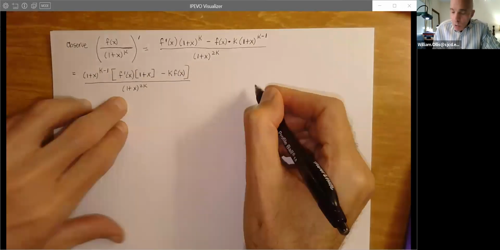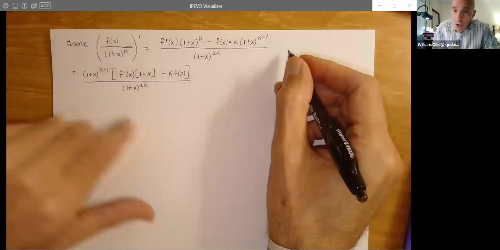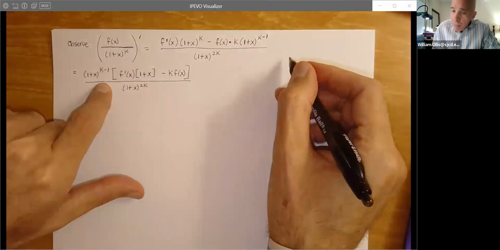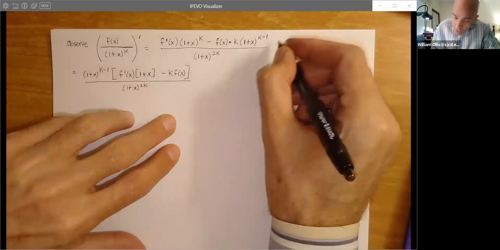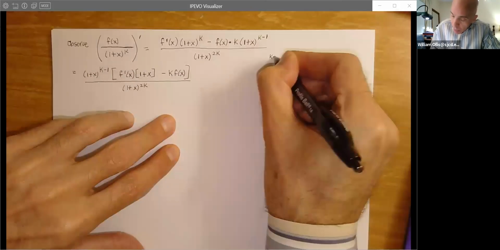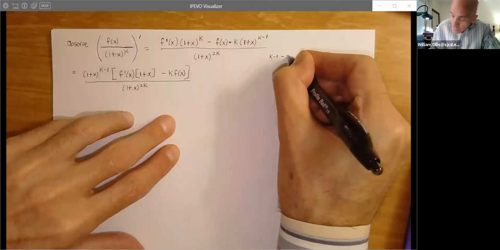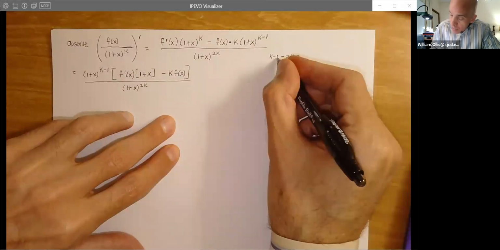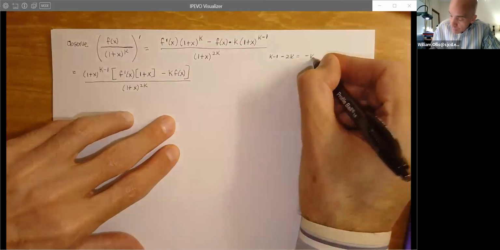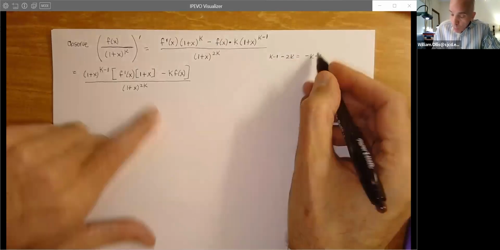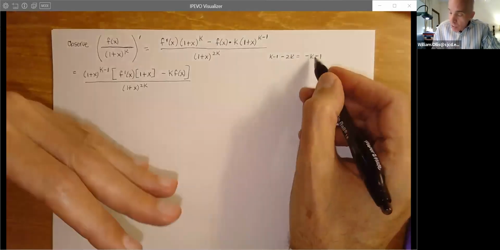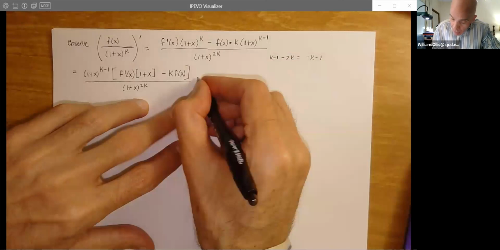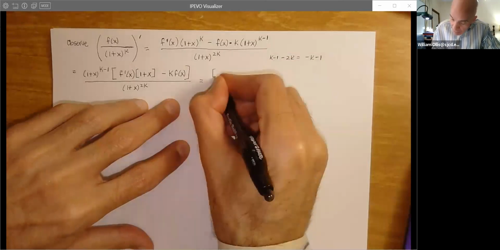Now, of course, we just use the laws of exponents, but it might be a little bit hard to do in your head. So just say k minus 1 minus 2k. In this particular case, this will give us minus k minus 1. So that's the new power, but we're going to take everything downstairs to eradicate the negatives.